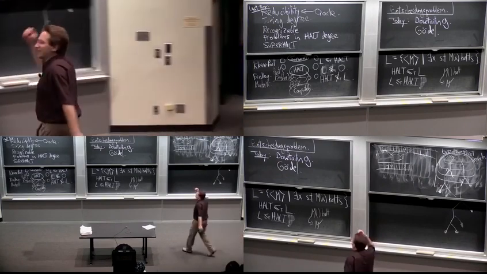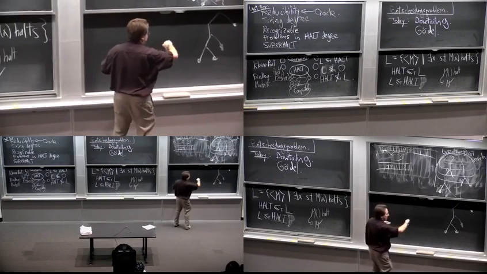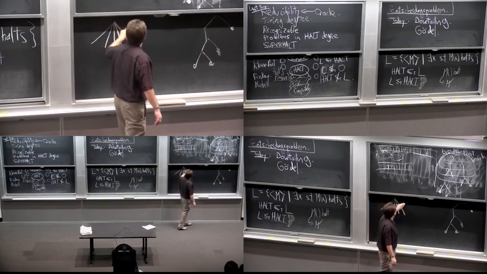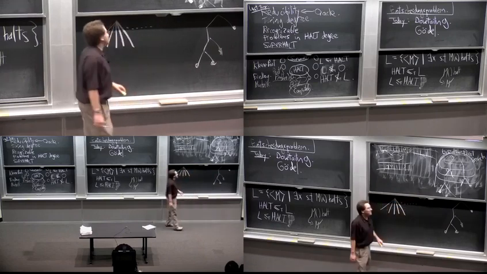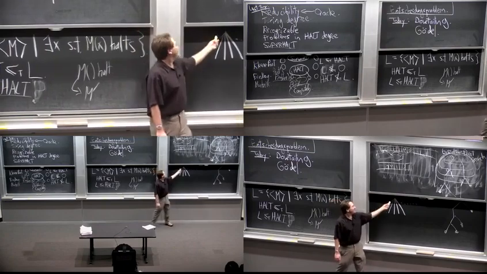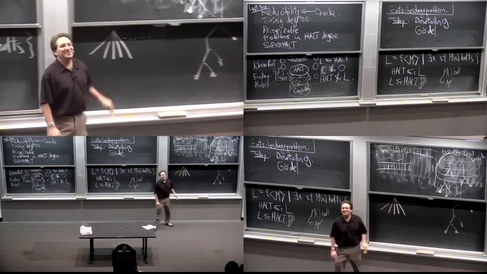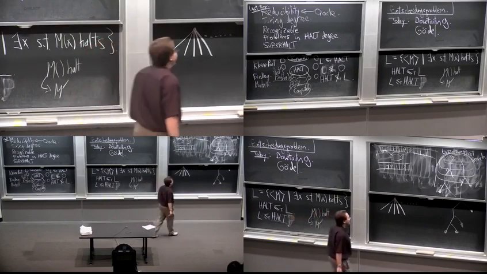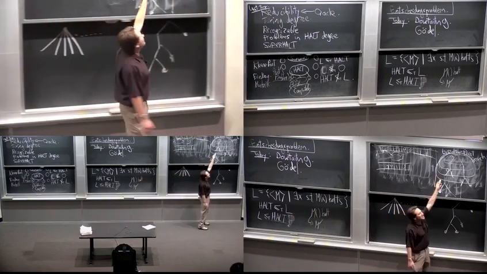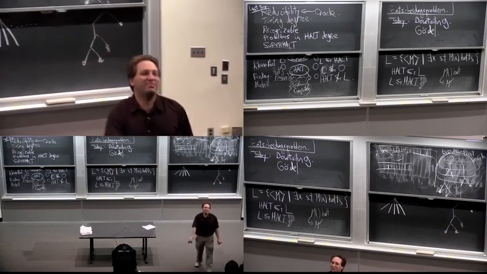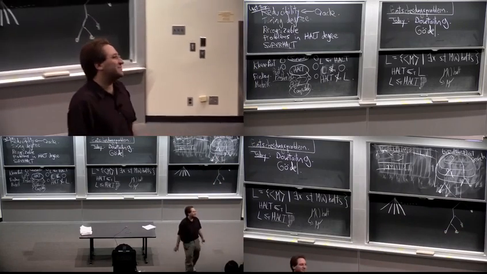Well, here's a potential counterexample. Here's an infinite tree, but which has no infinite path. I just have one root vertex, and it's got infinitely many children. But nevertheless, I claim that this tree, if it's infinite, then it's got to have an infinite path.